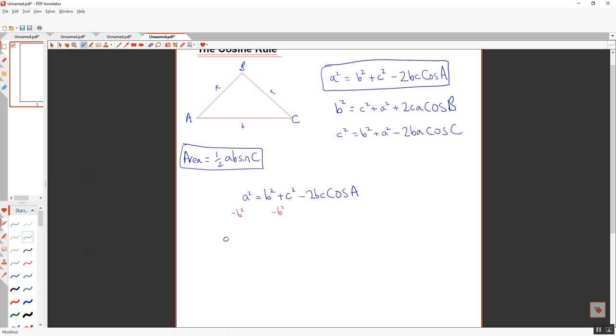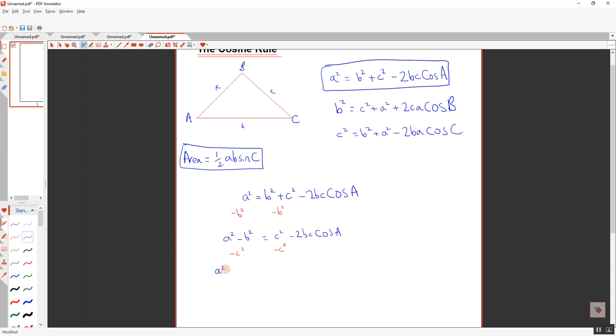So I'm going to get a squared minus b squared is equal to c squared minus 2bc cos A. Then I'm going to subtract off c squared from both sides, because remember the aim here is to get the angle by itself.